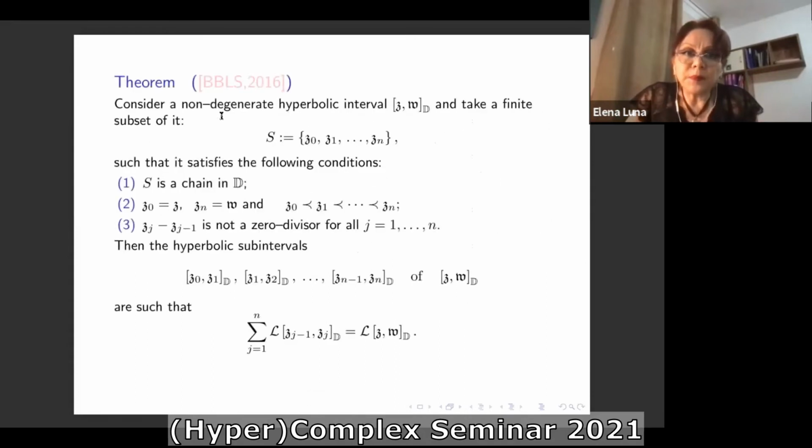And in this paper, together with Balankin, Bory, and Shapiro, we gave this theorem. The theorem tells us when everything works well with respect to the interval and when we subdivide. So if we take a non-degenerate interval and we take a finite subset of it, and this subset satisfies the following conditions: S is a chain, which means that it is a totally ordered set.